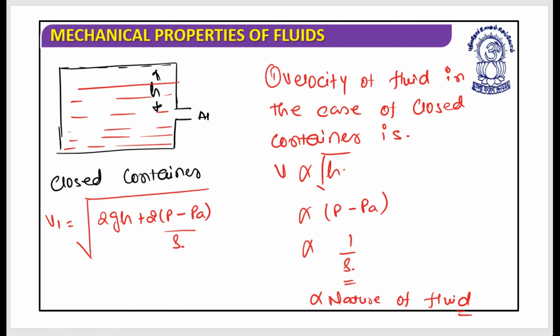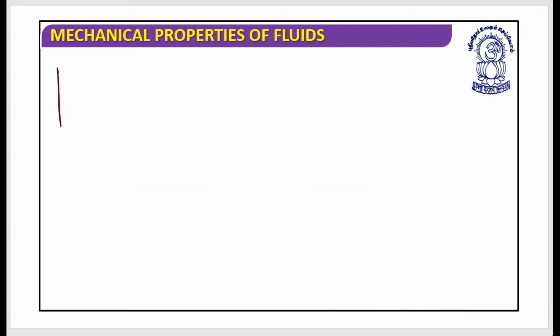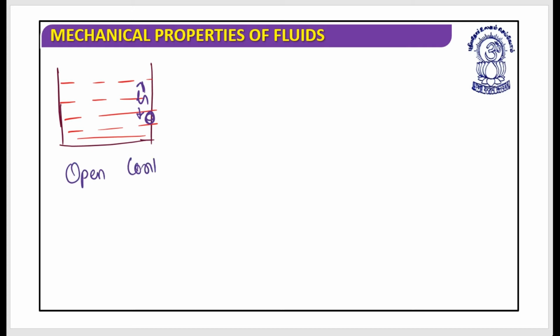Now let's take the second case, in which my container is open. It is something like this. This was the container, this is the fluid with which it has been filled, and I have made a hole over here at height h. So it is the case of the open container, where V I received is the square root of 2gh.